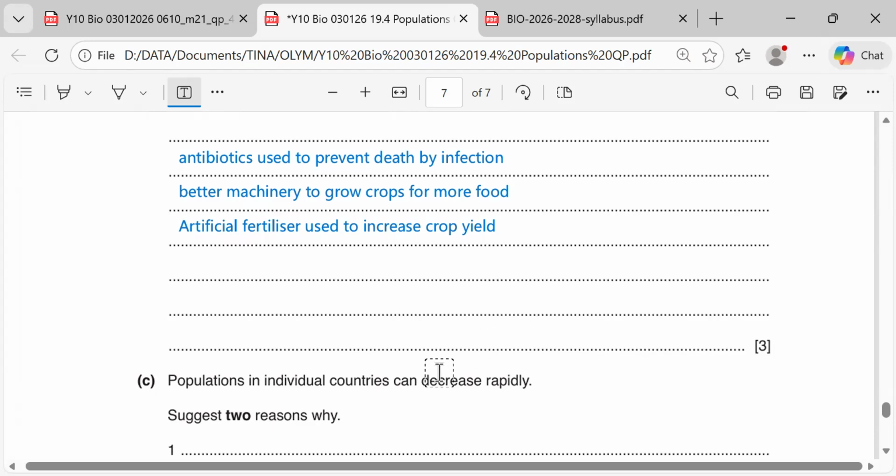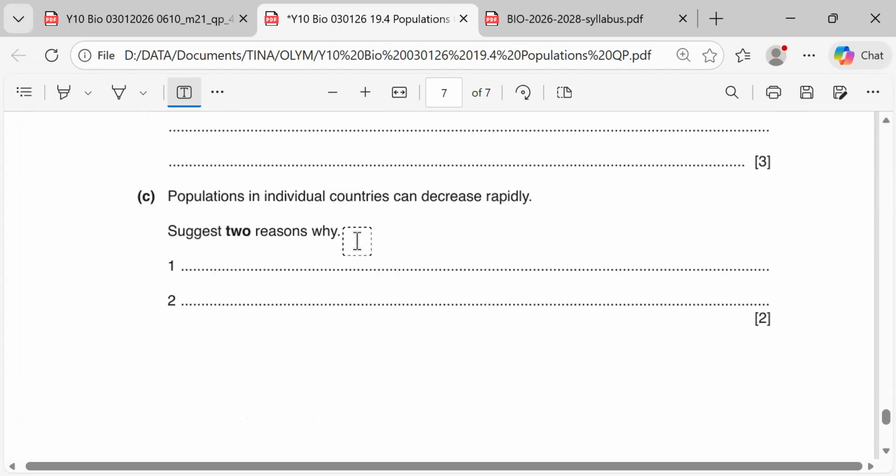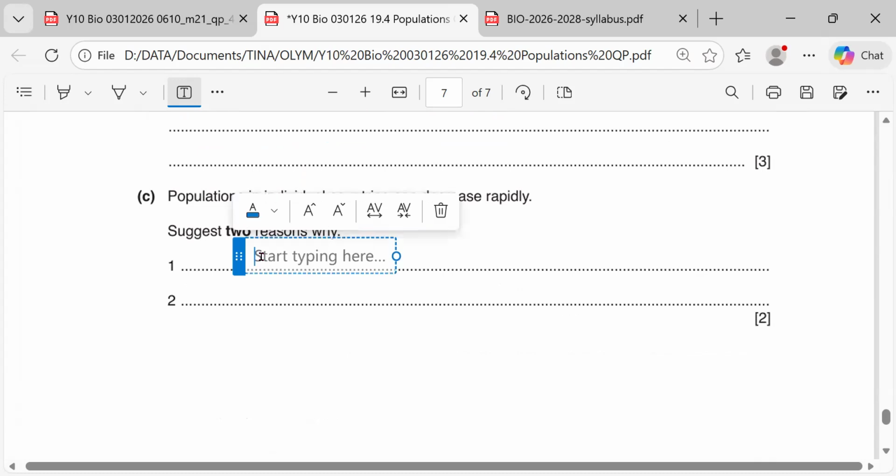All right. Suggest two reasons why. Diseases, war. I think that's not diseases. Famine also can.